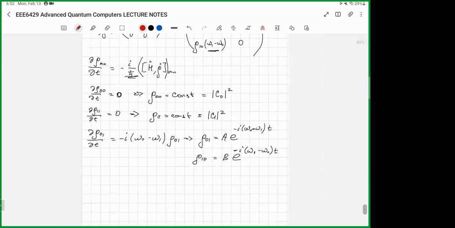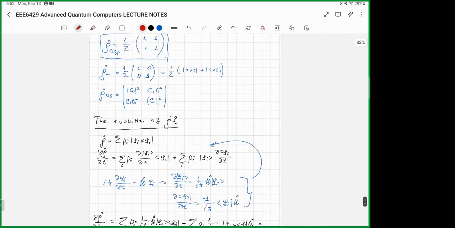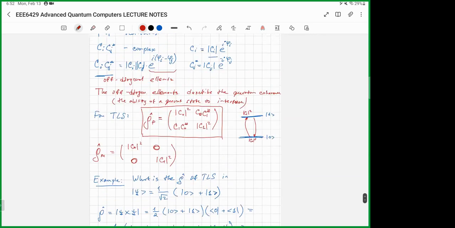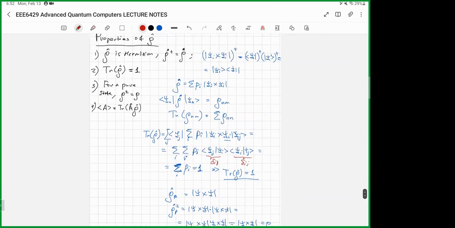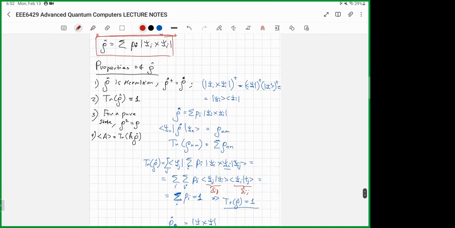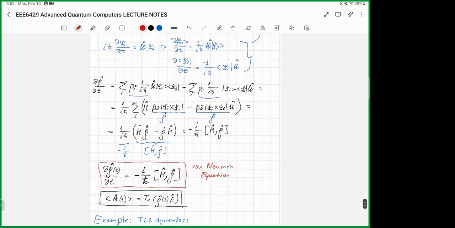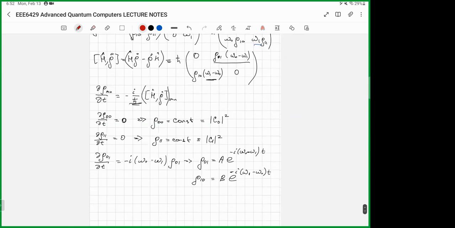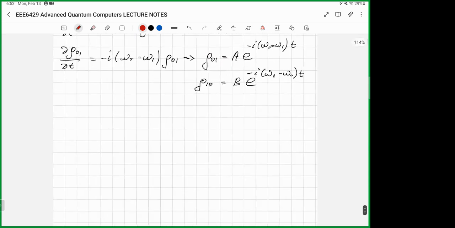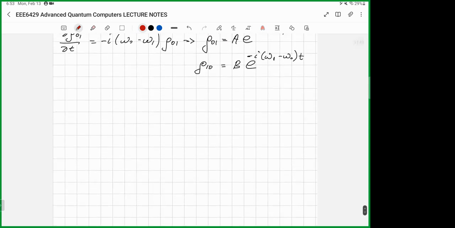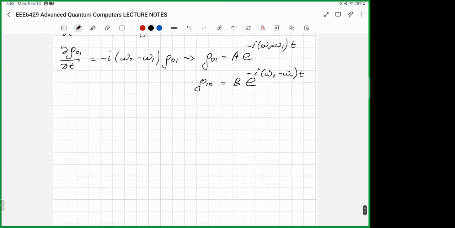But this is about the density matrices, their definition, and how all this works. It is a little bit longer than the other postulates, but we had to go through all this.